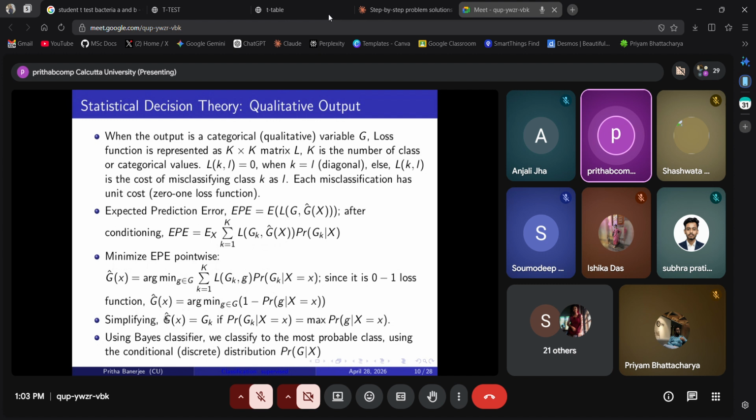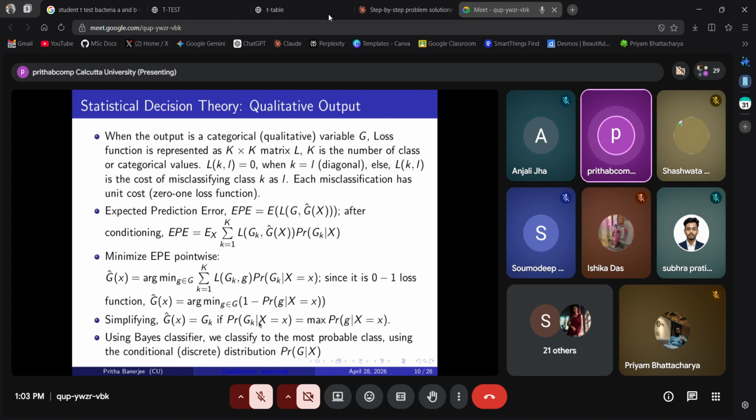Simplifying, we can say that this G cap X, the predicted class, is equal to a class K among all possible classes if the probability of the class being K given X equal to X is the maximum of the probabilities of being in each class G given X equal to X.